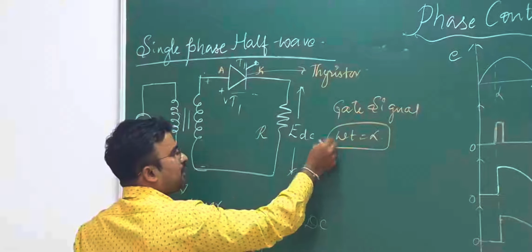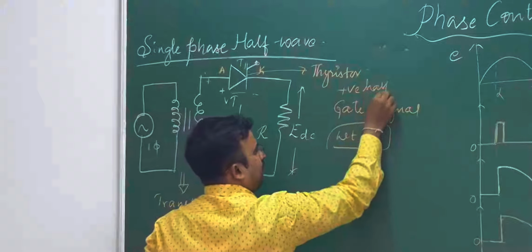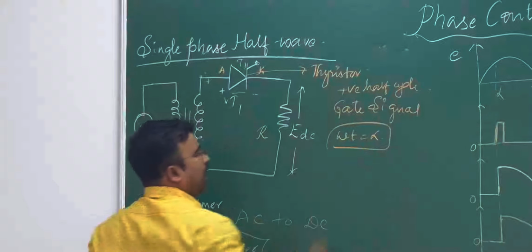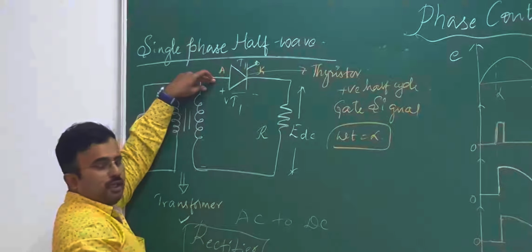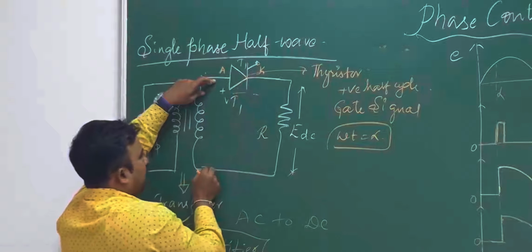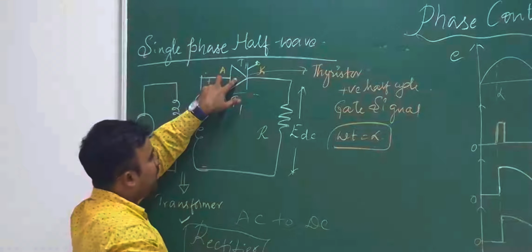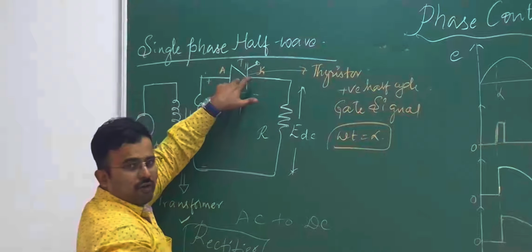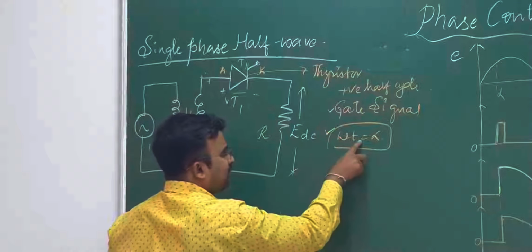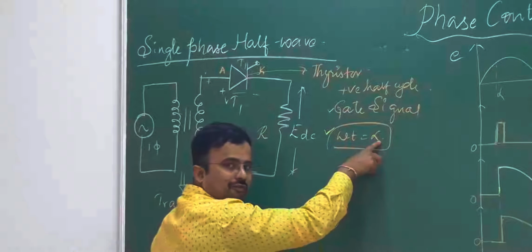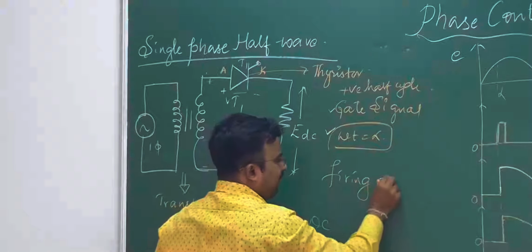When the firing pulse is applied at the positive half cycle, the anode terminal is positive with respect to the cathode, so thyristor T1 is forward biased. When it is forward biased, I require a gate signal applied at an instant omega t equal to alpha. Alpha is called the firing angle.